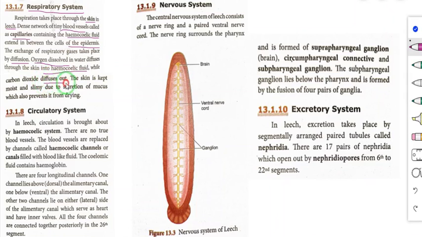Only the oxygen is essential. So oxygen enters inside as well as the carbon dioxide diffuses outside. The skin is kept moist and slimy due to secretion of mucus, which also prevents it from drying. So the body surface, the skin, is always moist and slimy.